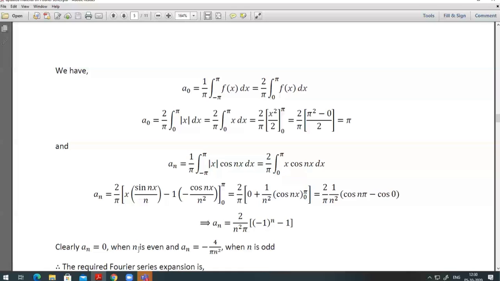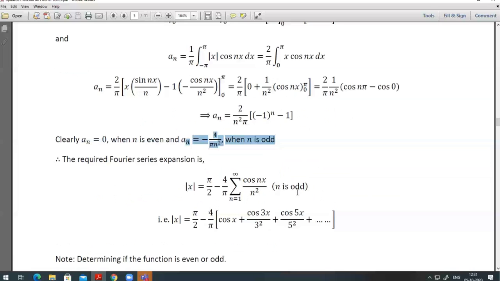Using this we can write the Fourier series expansion for mod x. So a naught is pi, and the Fourier series expansion is pi by 2, minus 4 by pi, which is constant, summation n from 1 to infinity cos nx by n square, n odd. If n is odd we get this, otherwise we get 0. So if you expand this we get a series like this.